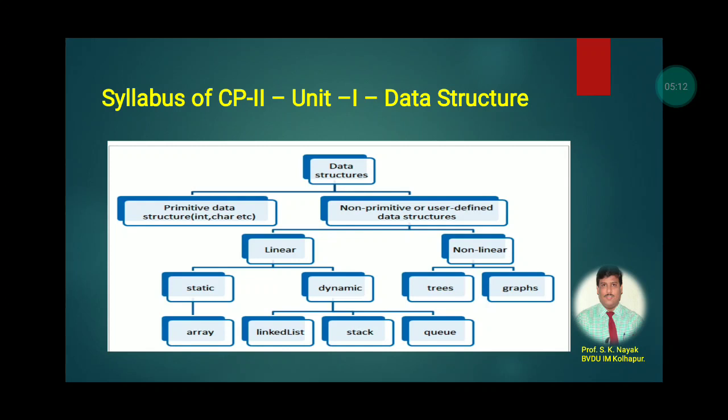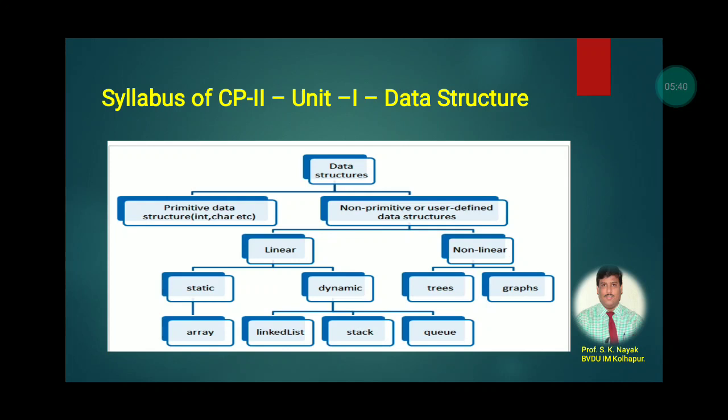Dynamic says that we can change the structure, we can change the data types, we can change the size of data in runtime. So this is dynamic linear data structure. An example of static linear data structure will be array. So array is a representation of static manner.